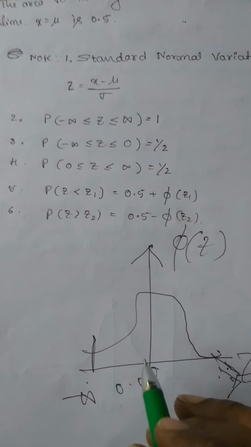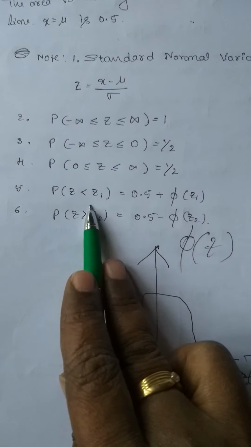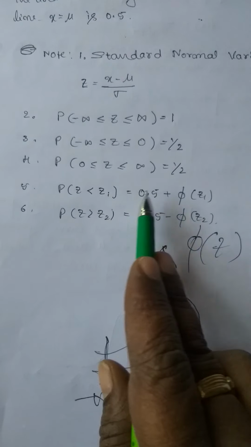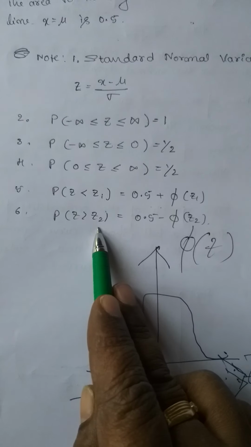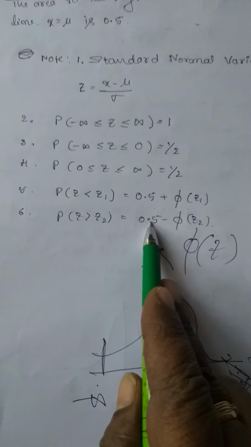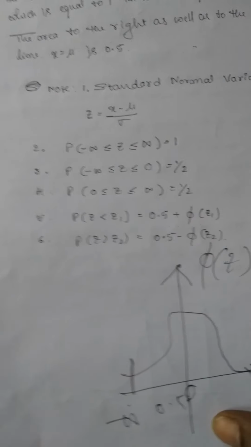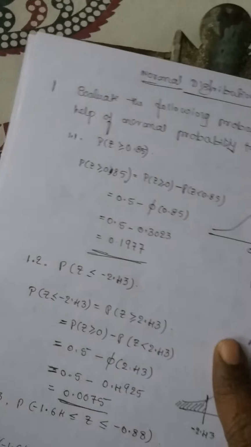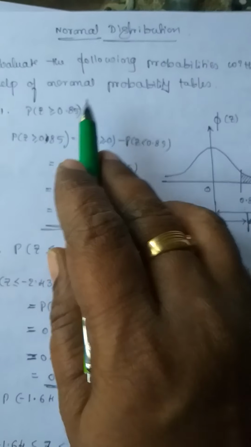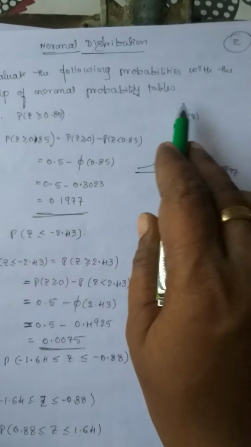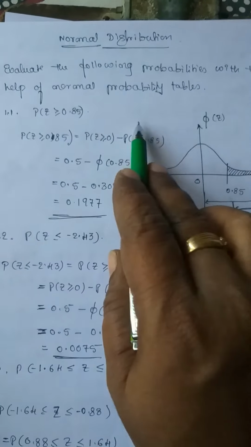Also, P of z less than z1 can be written as 0.5 plus phi of z1, and P of z greater than z2 can be written as 0.5 minus phi of z2.